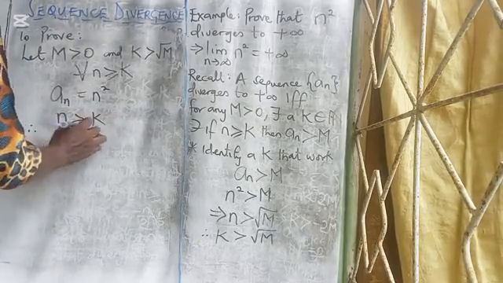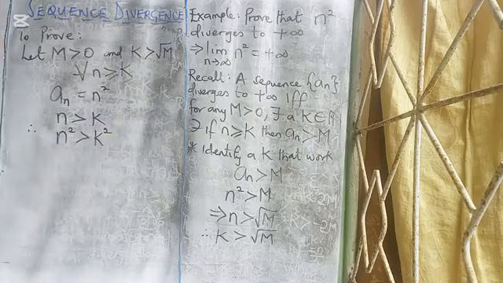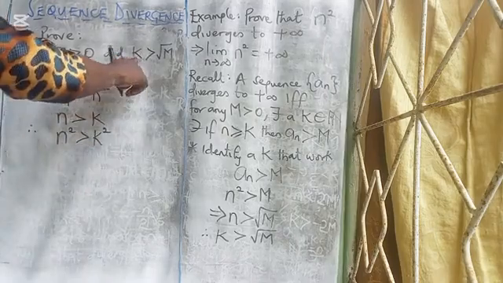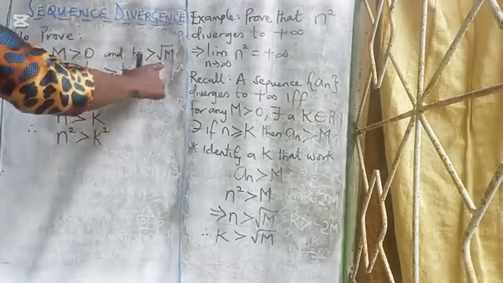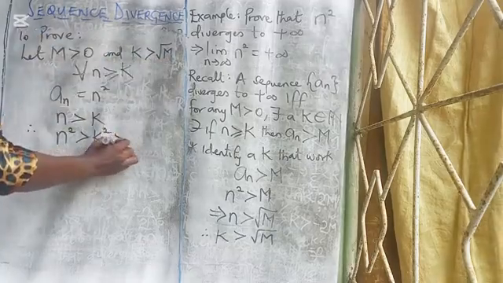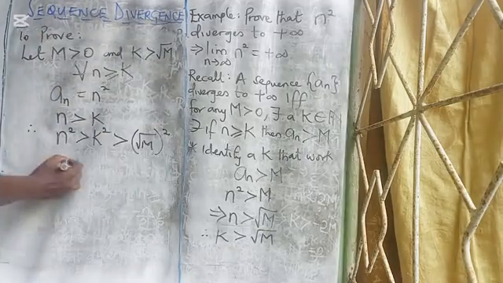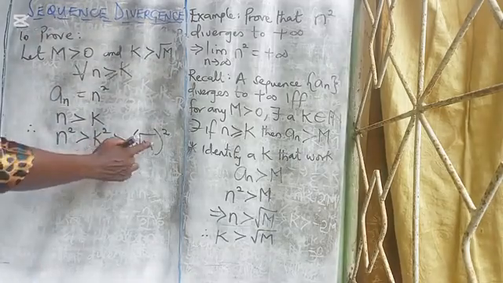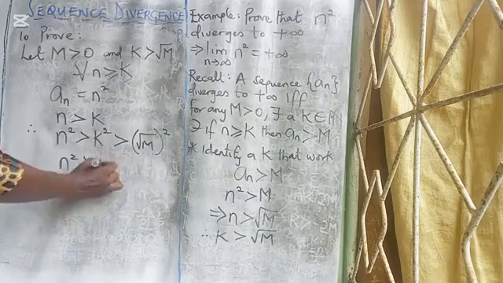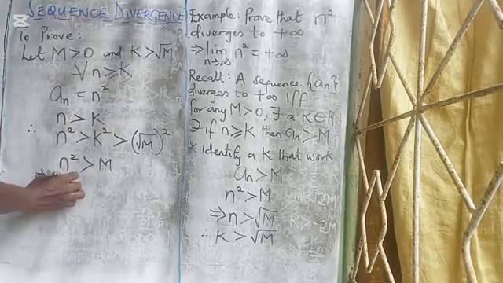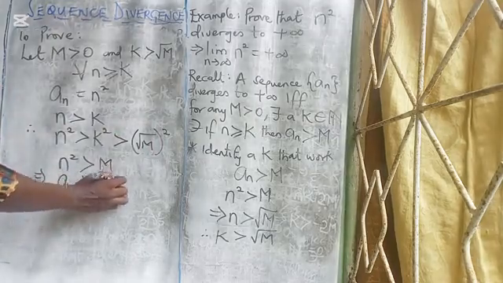Therefore n squared will also be greater than what? k squared. And remember our k is greater than the square root of M. Therefore, this is also greater than what? The square root of M all squared. So our n squared is greater than M, because the square of the square root of M is M. And so that implies that our sequence a_n is greater than M.